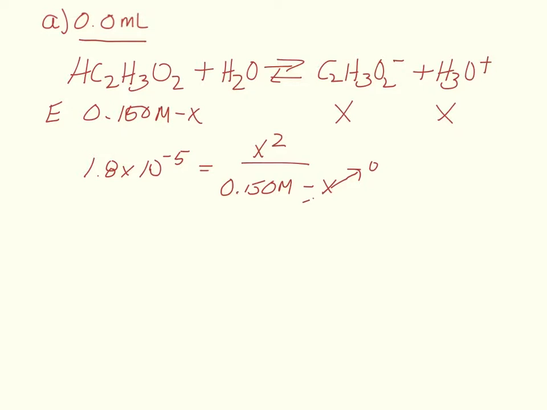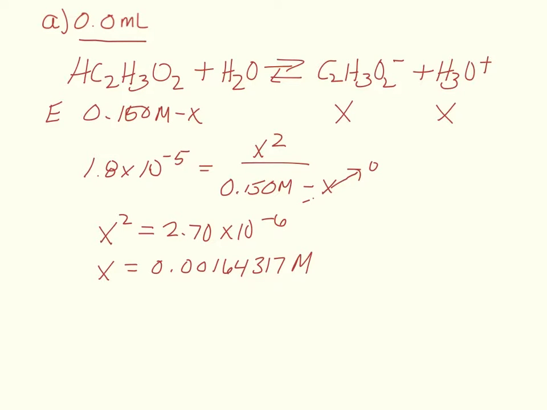So x squared, when I simplify this, will equal 2.70 times 10 to the negative 6. Then if I take the square root of both sides, I get x is equal to 0.00164317. That's a molarity, and that in fact is the molarity of the hydronium ion. So that's the molarity of H3O+.